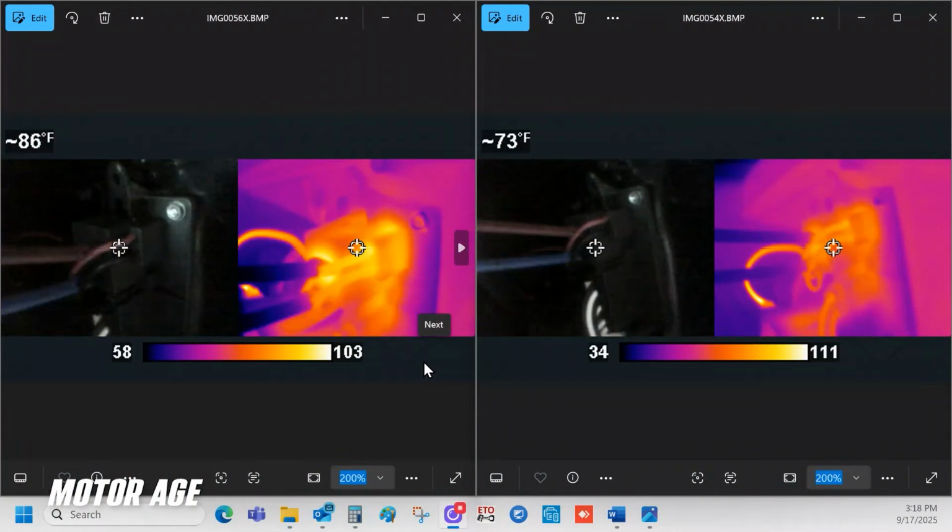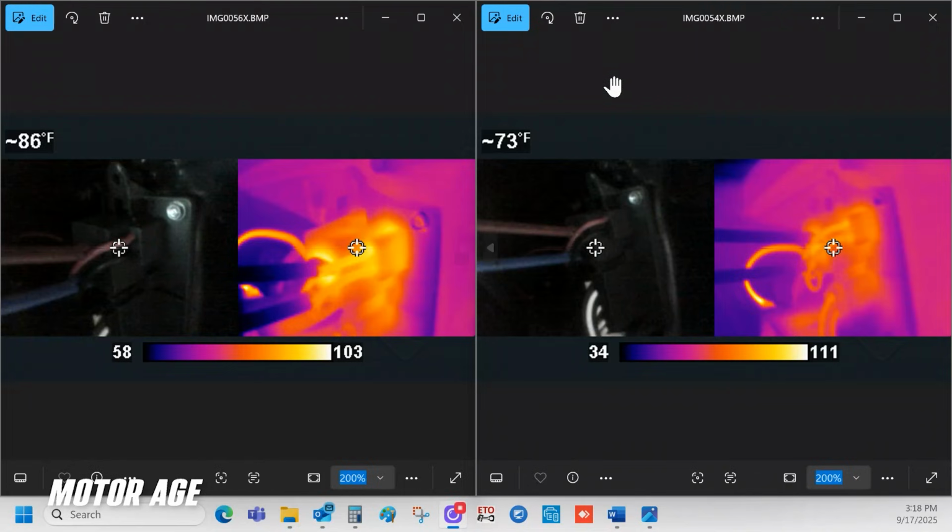The evidence is pretty conclusive. On the left side of the screen, we are staring at both the raw image and the thermal image combined on the same screen of the Snap-on Diagnostic Thermal Imager. And this is the temperature. Once the machine has been calibrated, this is the temperature of the surface of the blower motor resistor itself.